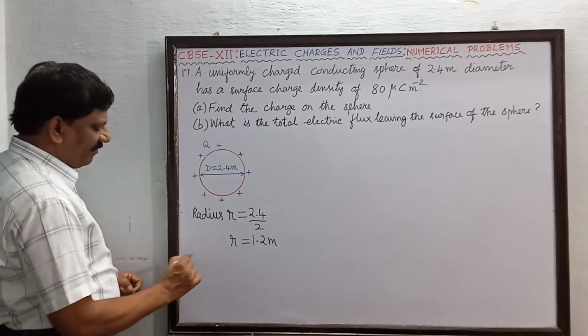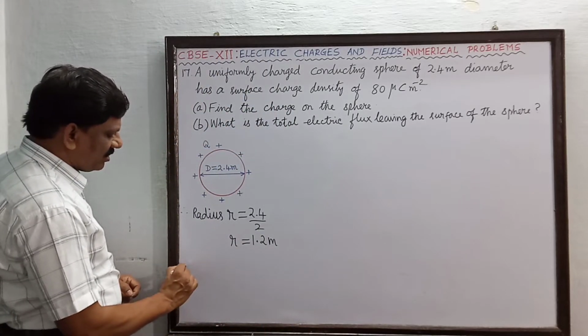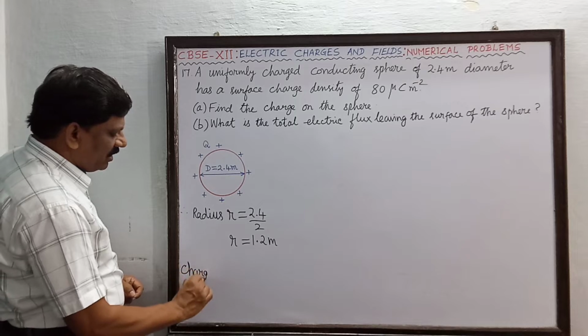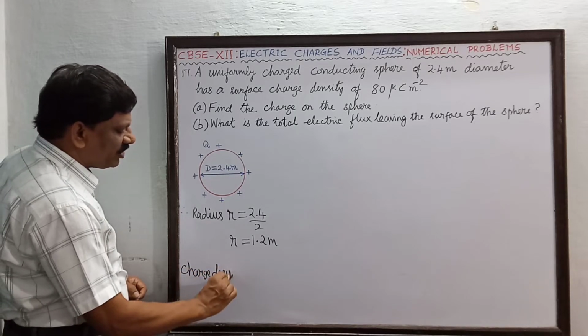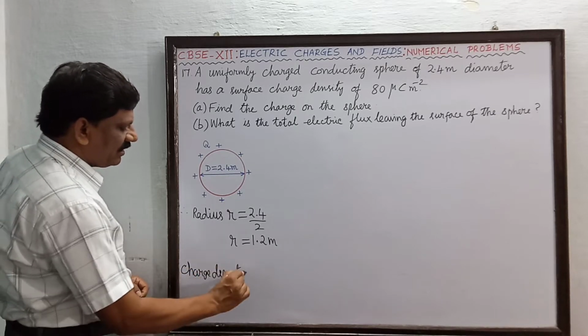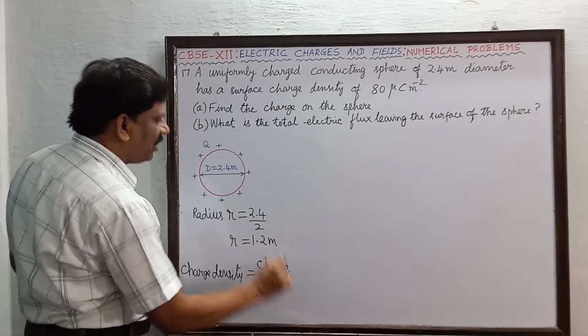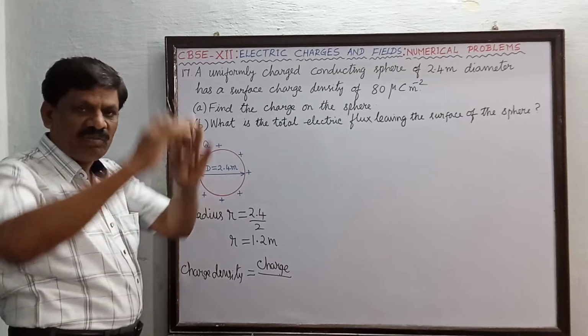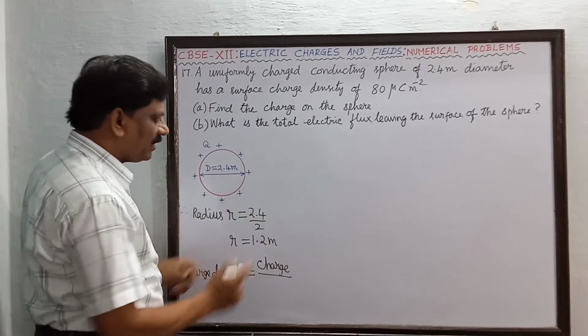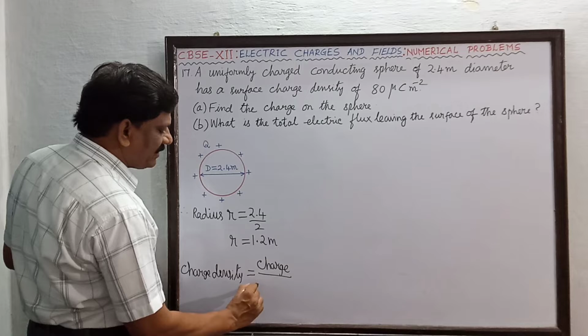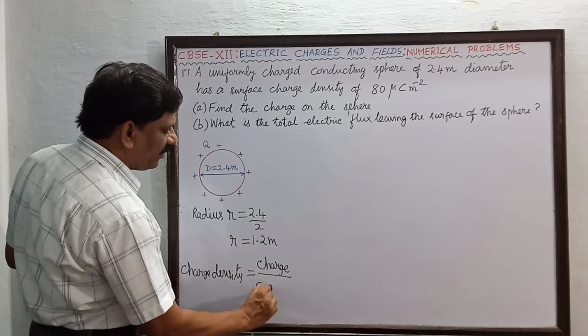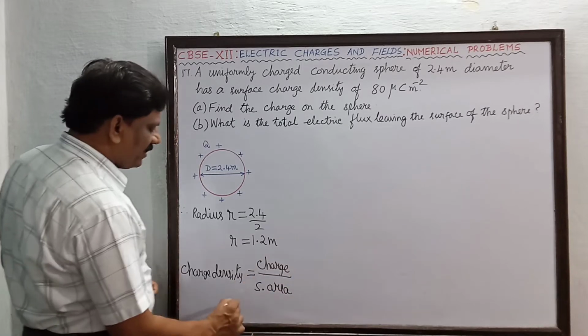Secondly, surface charge density. What do you mean by charge density? First of all, that is equal to the total charge on the sphere, how much coulomb is distributed on the sphere, divided by the surface area of the sphere.